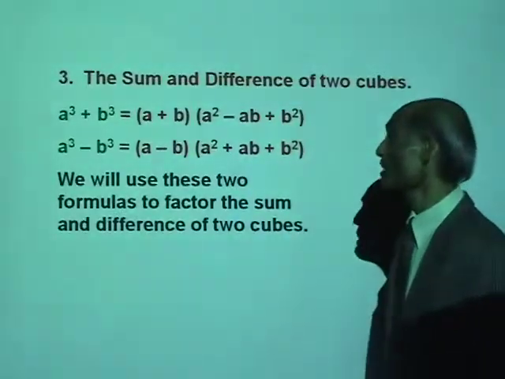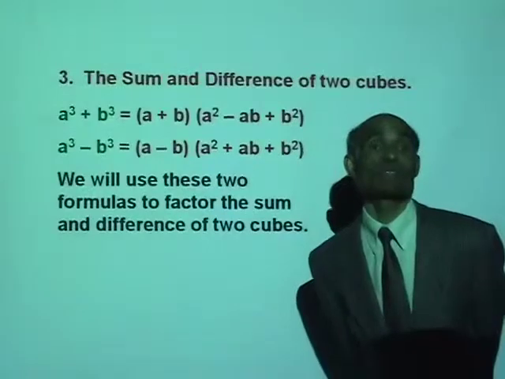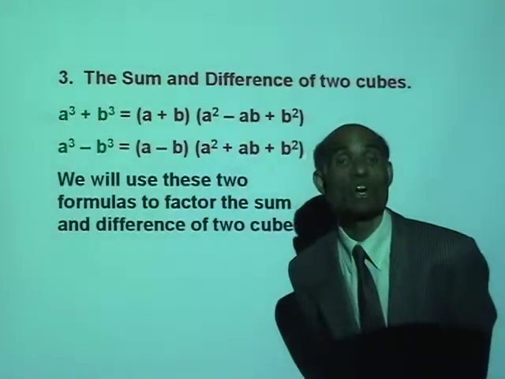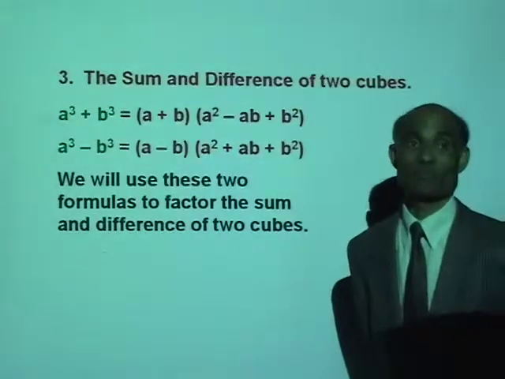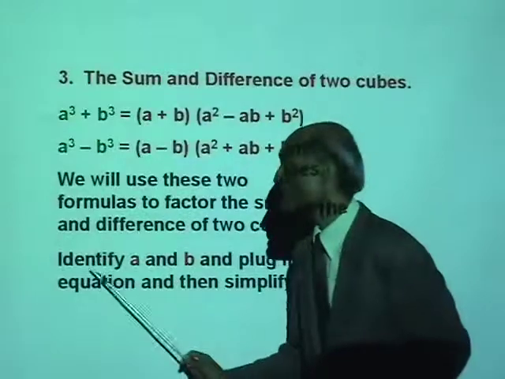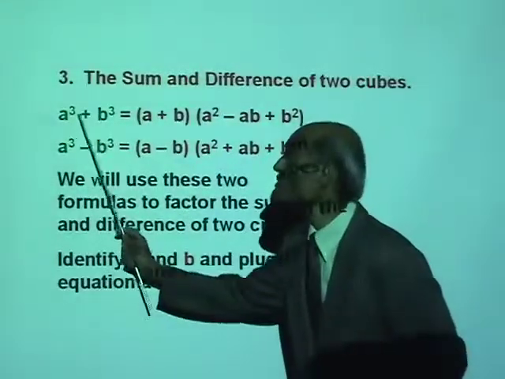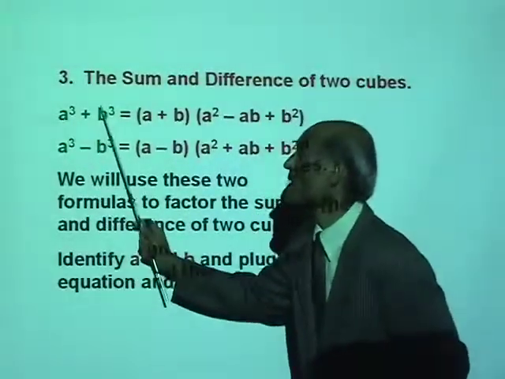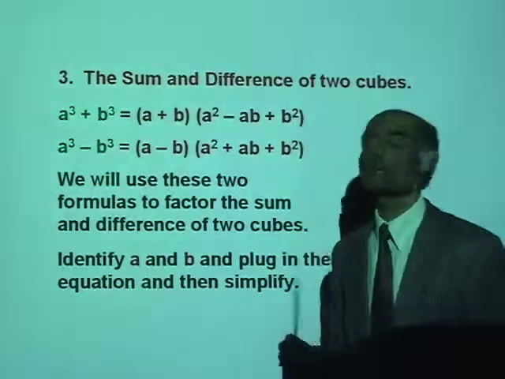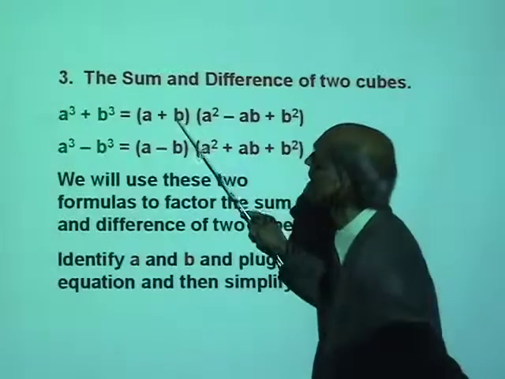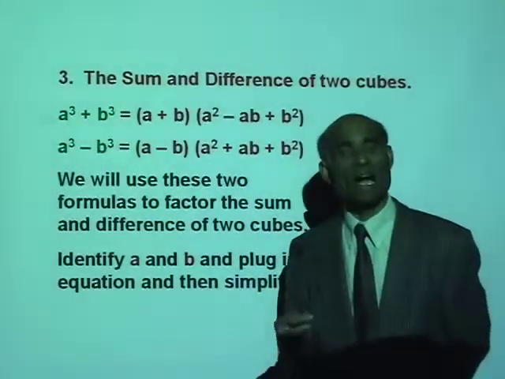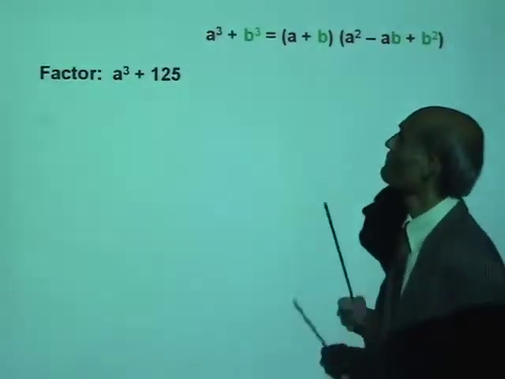And so we will use these two formulas to factor the sum and difference of two cubes. What you need to do is identify A. A is the first quantity. And then identify the second quantity as your B. And just plug in to their respective positions. And that will be enough.